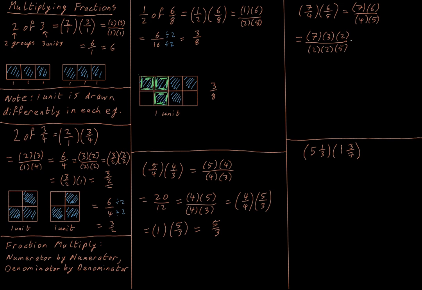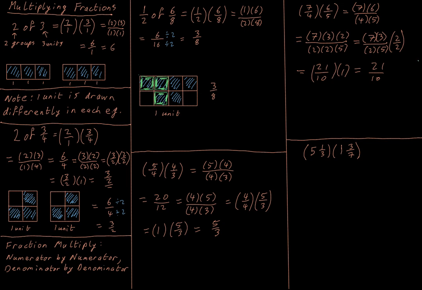I have a common factor of 2. So I could write that as 7 by 3 all over 2 by 5 times 2 all over 2. 2 over 2 is 1. So I have 7 by 3 is 21 all over 2 by 5 is 10 times 1, which is 21 all over 10.